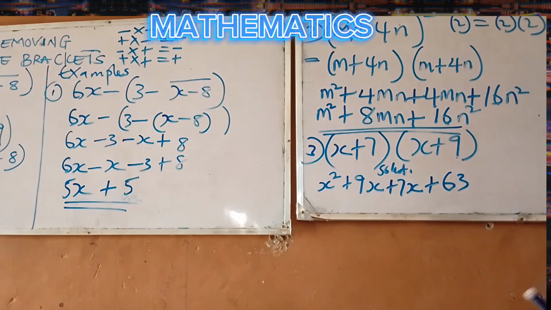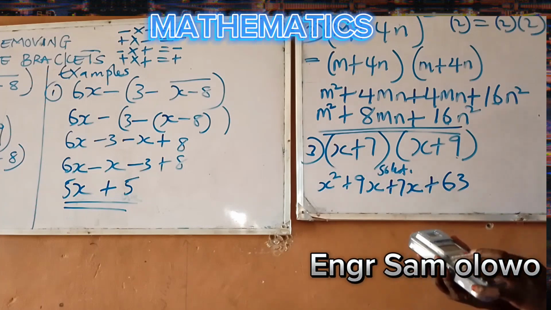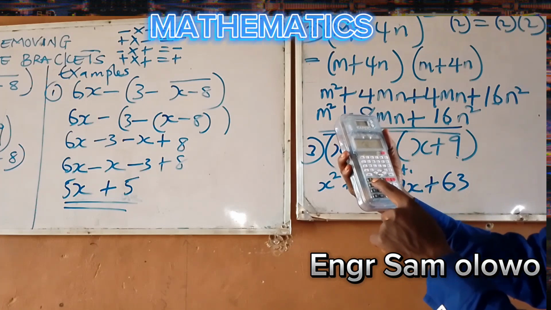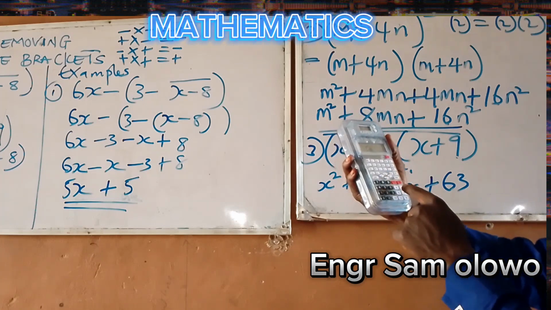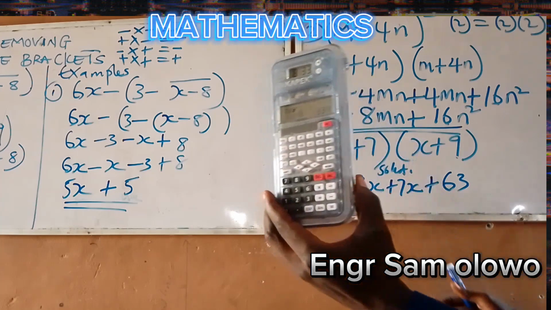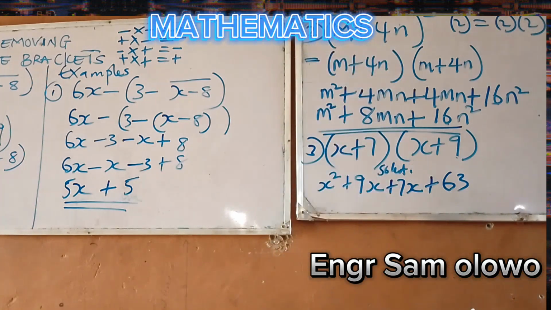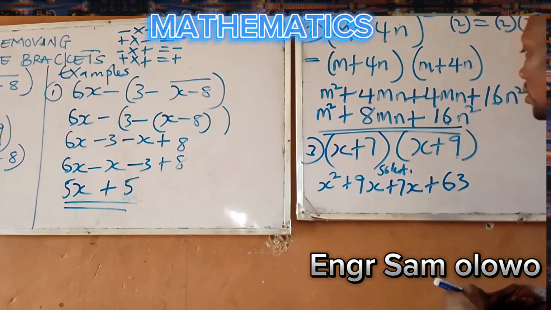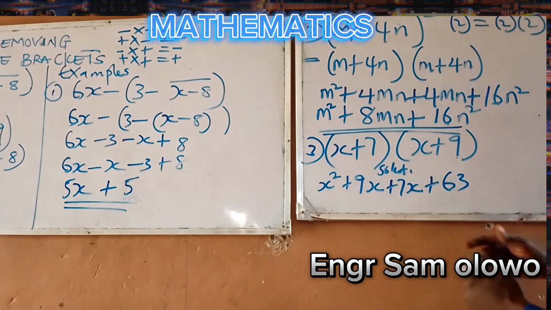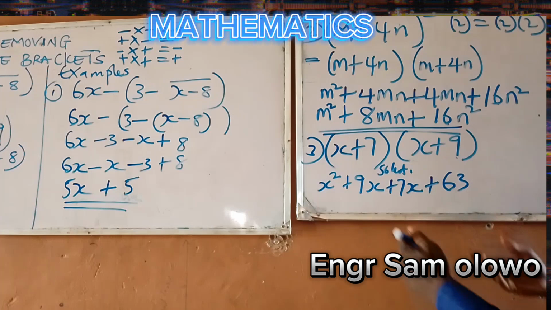Now let's use our calculator to check that. 7 multiplied by 9. You can see the answer is 63 from our calculator. So looking at it, it is also in like terms, so we don't need to collect the like terms.